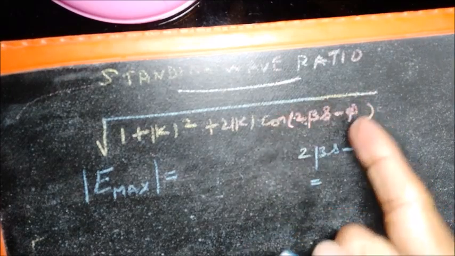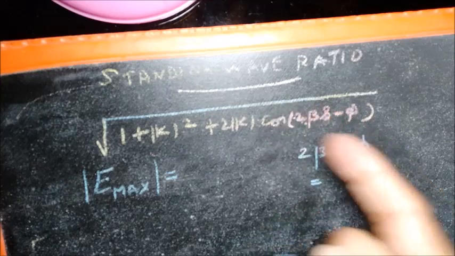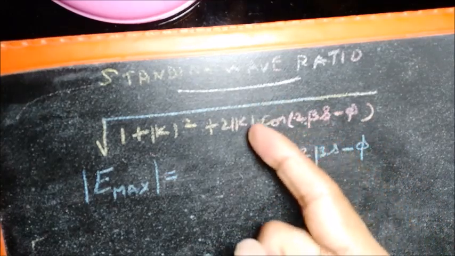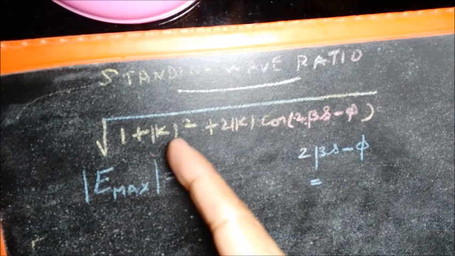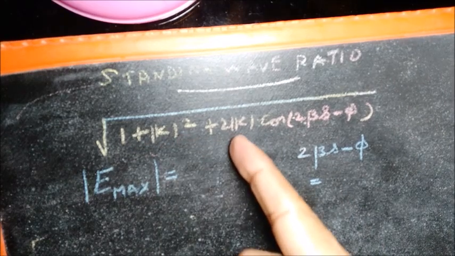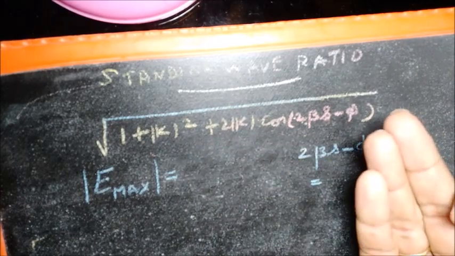Because cos of that term can be 1 or minus 1, and of course a range of values in between. If it is 1, you will end up getting 1 plus magnitude k square plus 2 into magnitude k. Under root of that will give you 1 plus k.